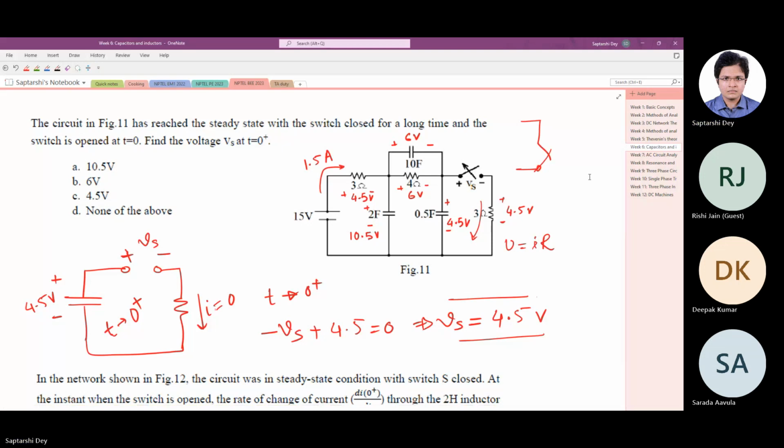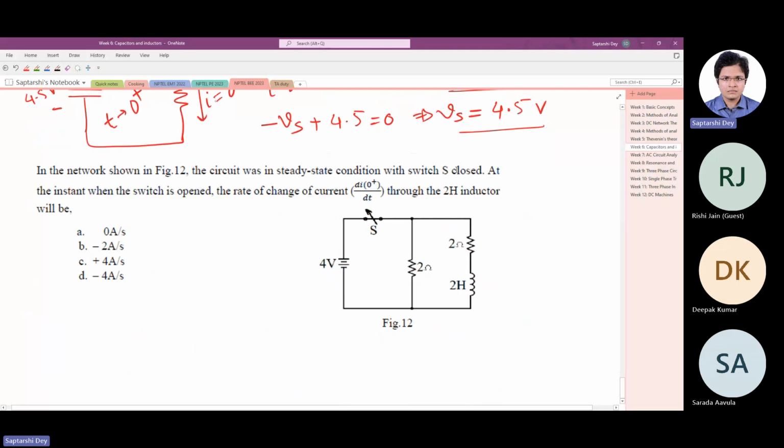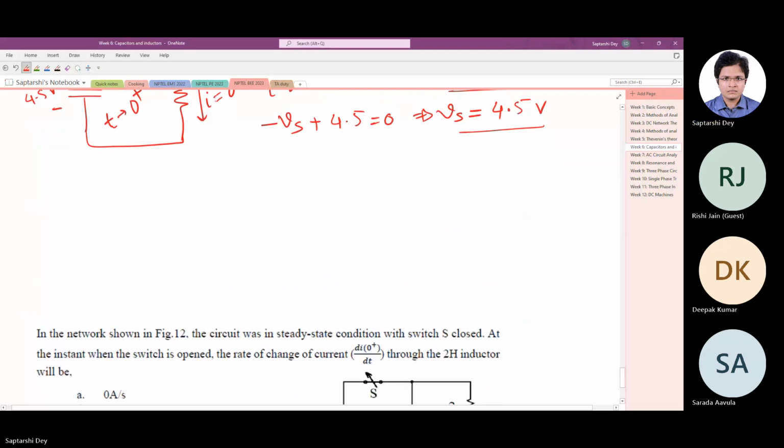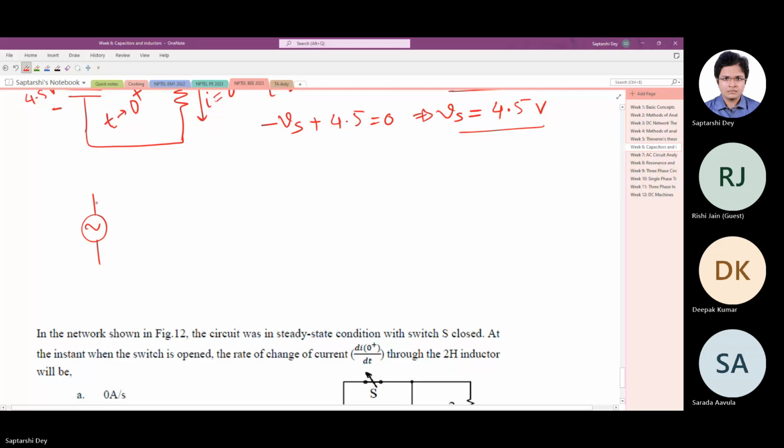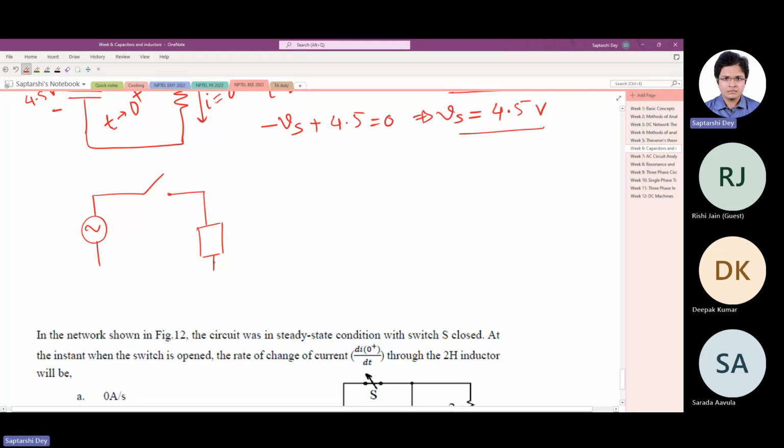Now you turn off the switch, the current stops. But look at the circuit when you turn off the switch. So this is your AC supply. Now definitely the voltage across the load is 0.